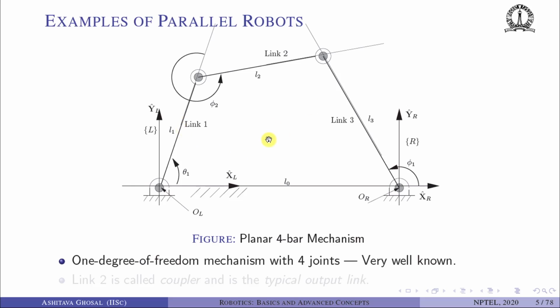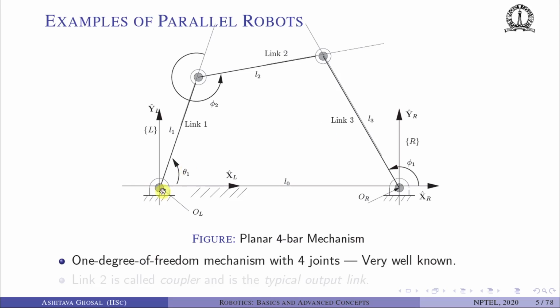Many people will not say that this is a parallel robot, but let's just extend our definition of parallel robot to include 1 degree of freedom closed loop mechanisms also. We will be using this 4-bar mechanism extensively this week because it is very simple to analyze. We can do all the calculations and derivation of equations by hand, and also we can very easily see whether what we are getting makes sense or not.